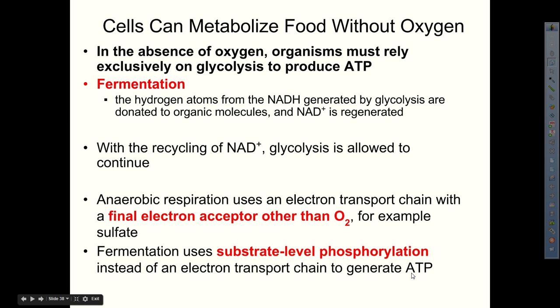So there are cases in which a cell is not able to do aerobic cellular respiration, so they are in an anaerobic state, and they don't have oxygen available, and this is typically termed fermentation. Fermentation is making ATP only by substrate level phosphorylation.